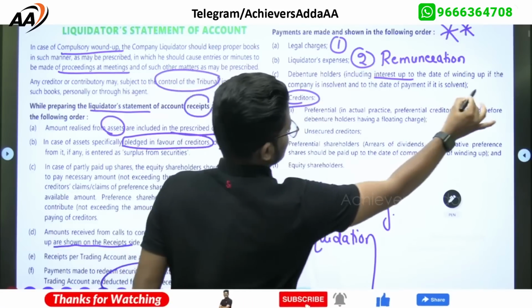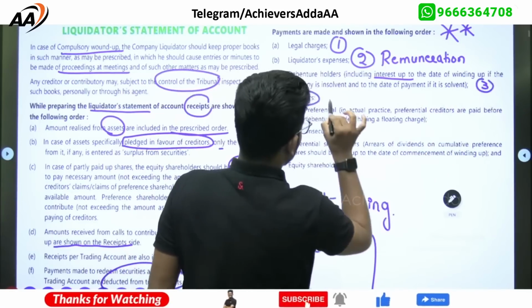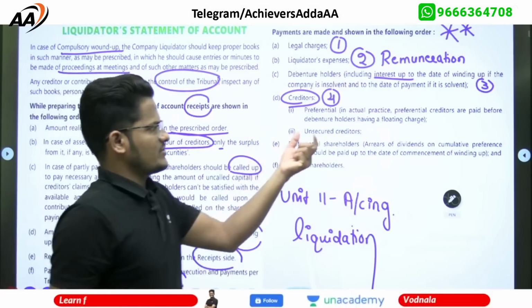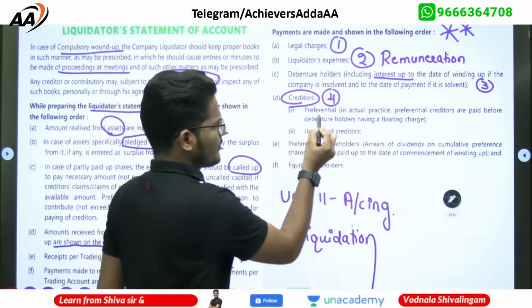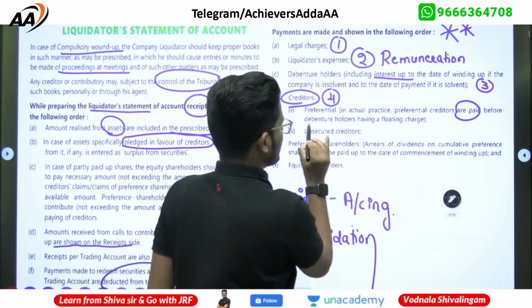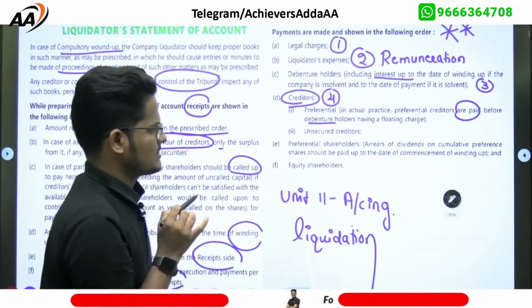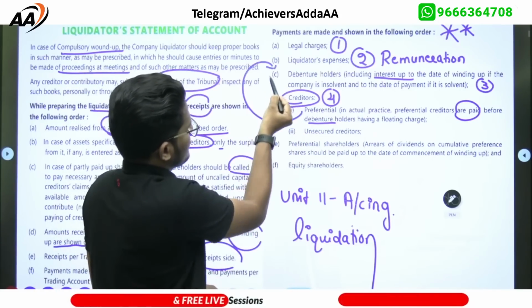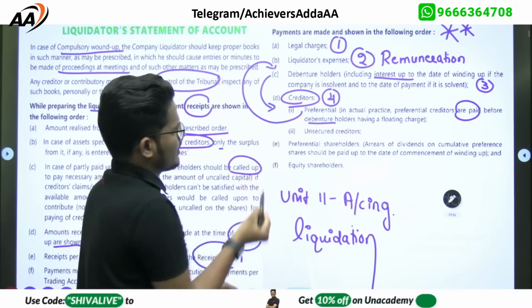Now priority number 4 in the order of making payment: preferential creditors. In actual practice, preferential creditors are paid before the debenture holders having a floating charge. Normally preferential creditors are paid after the liquidator, and later the debenture holders will come.